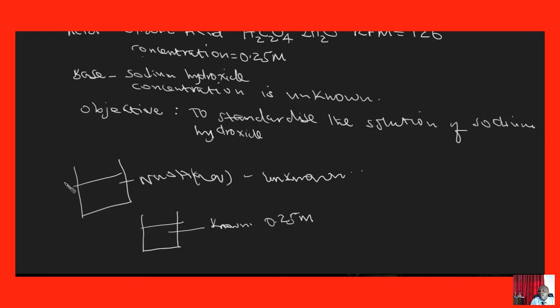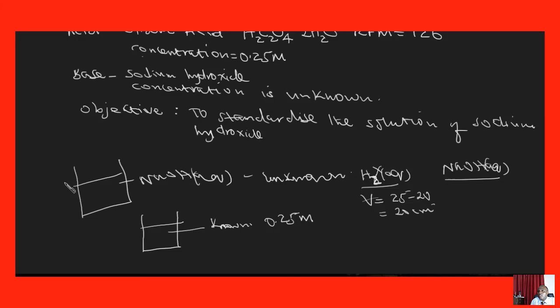Let us represent it as H2X, and the other one as sodium hydroxide in form of a formula. Sodium hydroxide is monovalent and oxalic acid is a dibasic acid. The volume we have titrated is 25 minus 5, which is equal to 20 centimeters cubed.